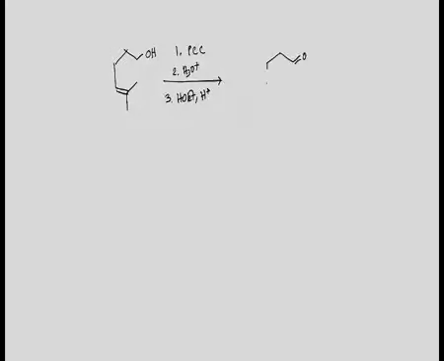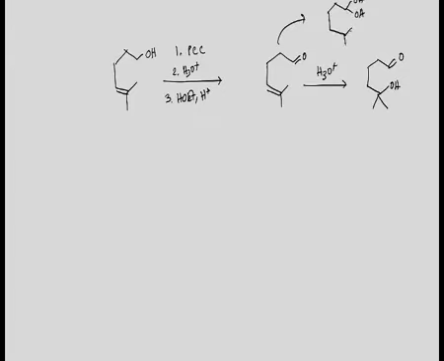So, first you get this one, and now you have two groups, the double bond as well as the aldehyde. You can consider the double bond as well as the aldehyde both reacting, or we can do it stepwise also. This is possible that this double bond reacts and this aldehyde is like this. Also, you can think this product is also possible, where the aldehyde hydrate is formed. So, any mechanism is fine.